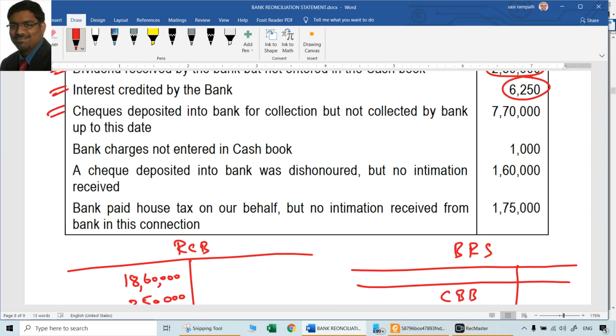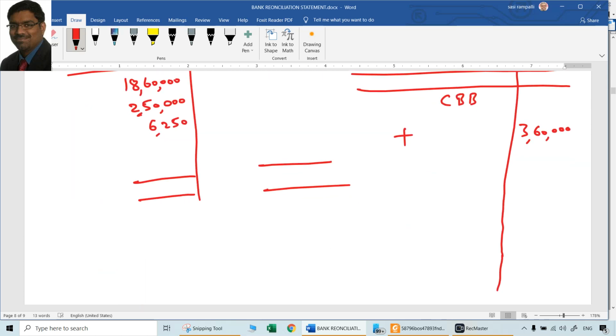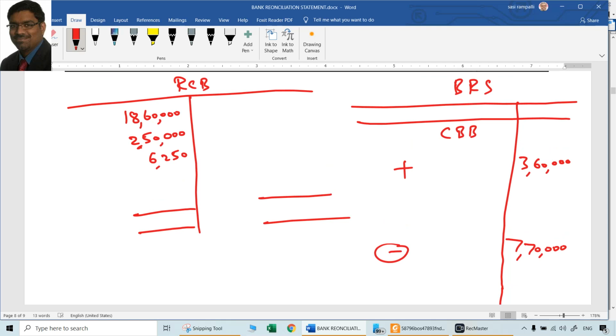Then checks deposited into the bank for collection but not yet collected by the bank up to this date. That means we would have already debited our cash book with this, because we thought that these are all checks already deposited, because of which cash book balance is already higher. So what we should do? We should reduce it. The story is important. When we have deposited the checks, first thing first we will record in our cash book, of course, the bank column of cash book, which is bank account basically.